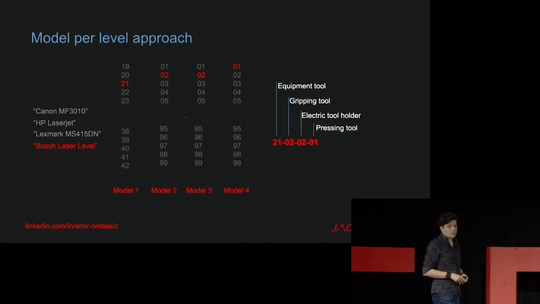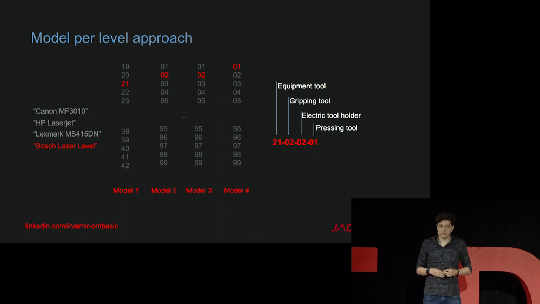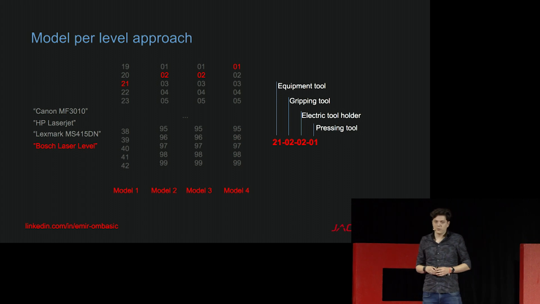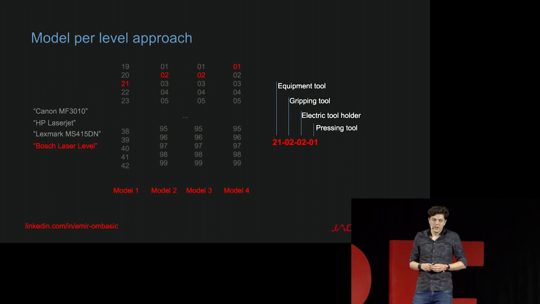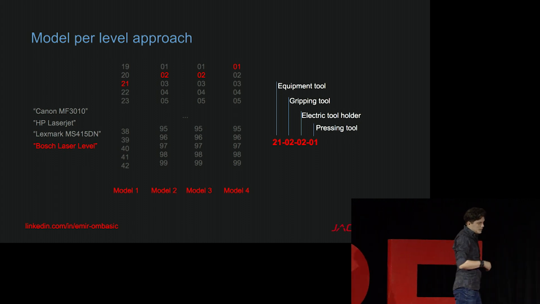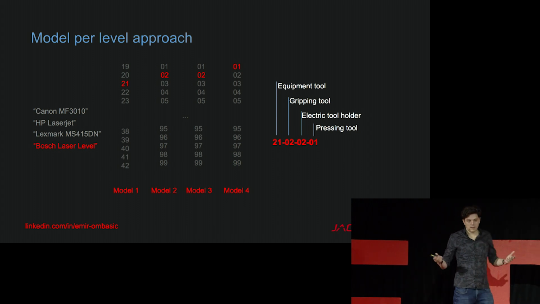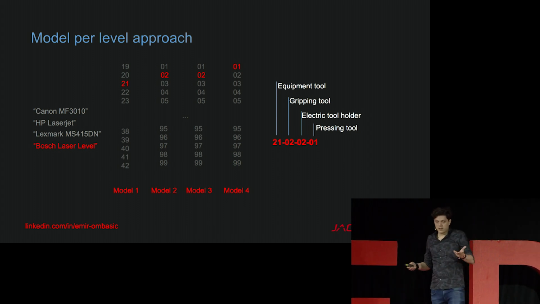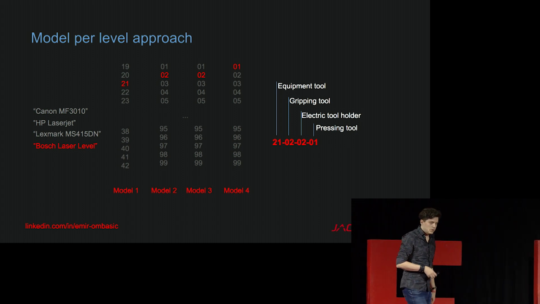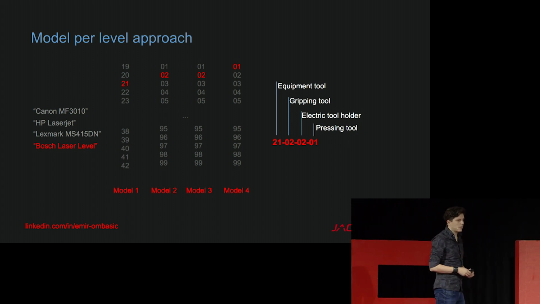If we, for example, take a look at the first 3 examples, these are laser printers. And the last one is a laser level. So this is something completely different. A laser level is just to check how even things are, and laser printers are printers. So let's say that we send in the laser level string, and let's say the first model will predict it correctly. It will say it's an equipment tool.